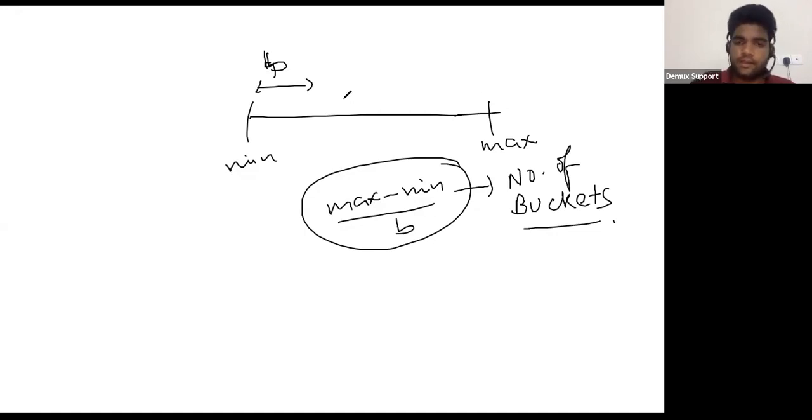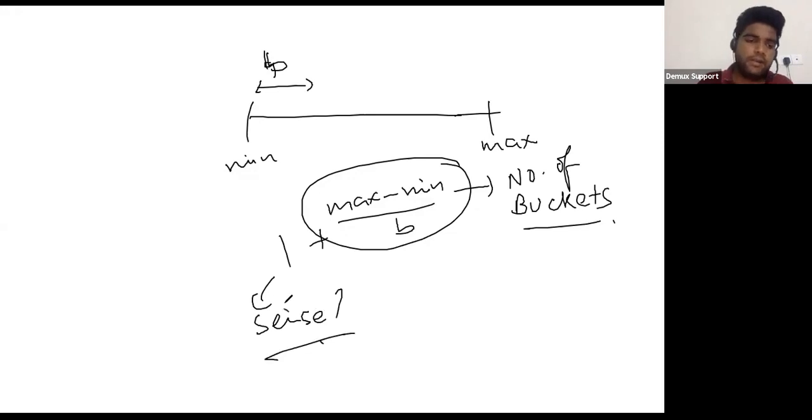But this basically will give me 1 less than the number of buckets. That's what this plus 1 will give me, the number of buckets. So I just want to make sense of this in English.